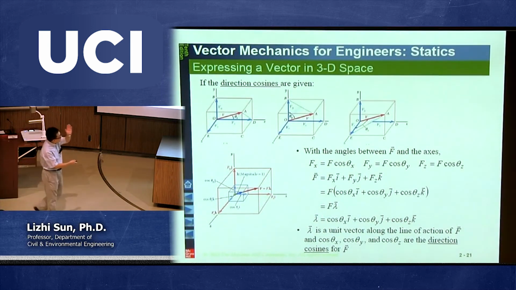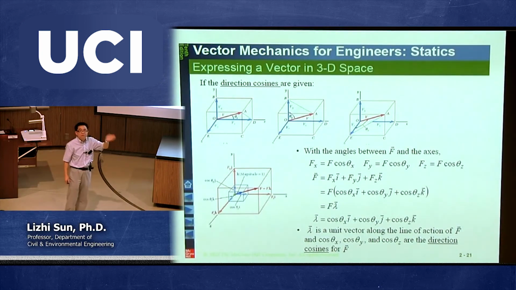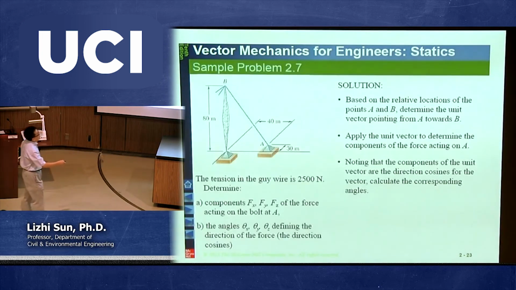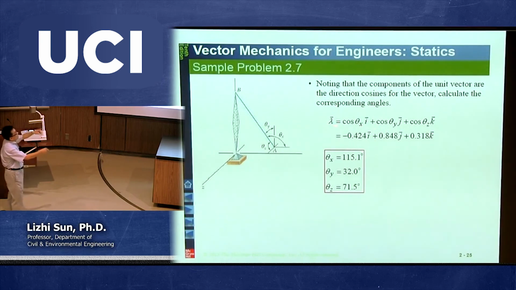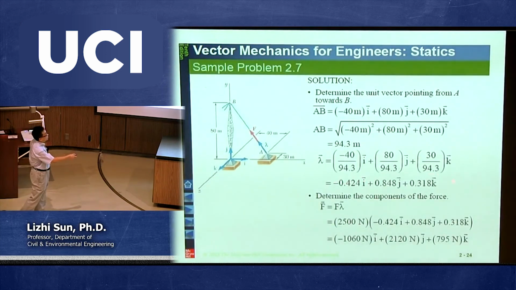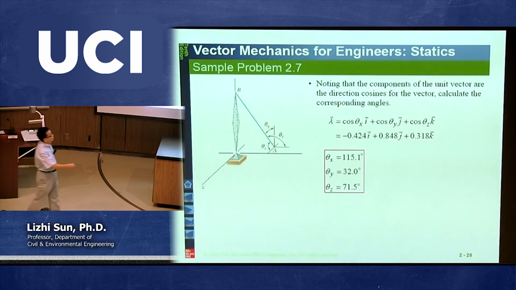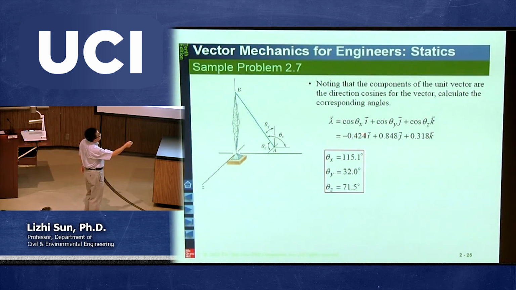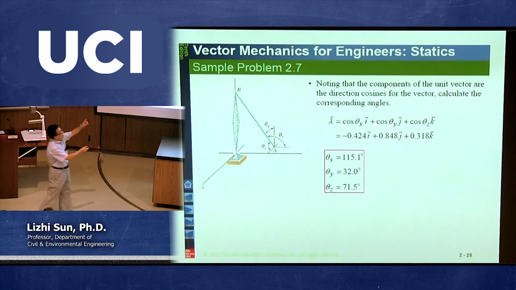In other words, we can go back to look at this equation to calculate those 3 angles. Okay? And that's exactly what we did. First of all, from definition, lambda is defined like this. On the other hand, we just calculated lambda, which is this, right? So then this should be equal to this. So these are in 3 directions, orthogonal.